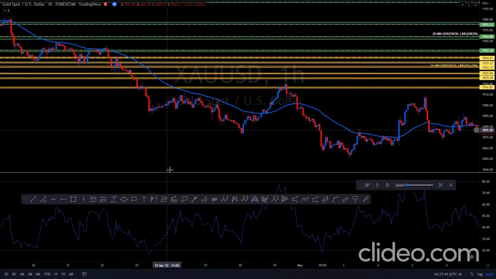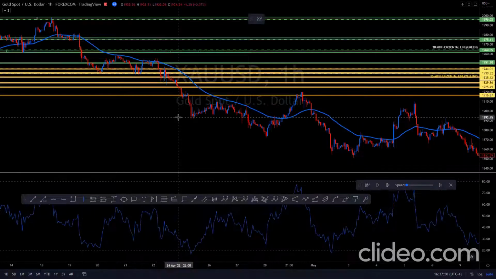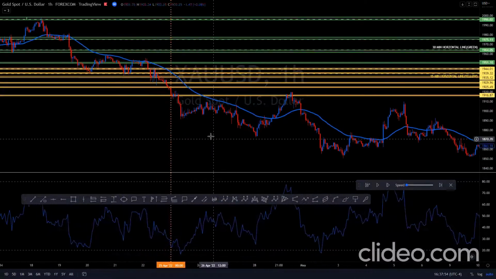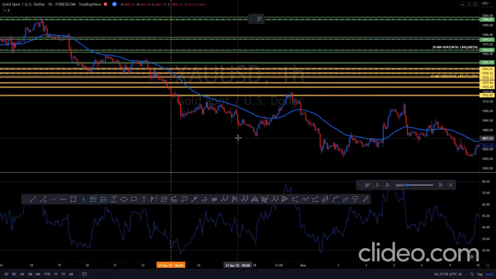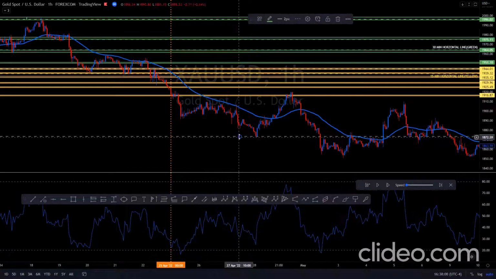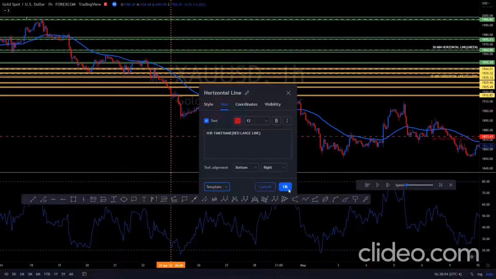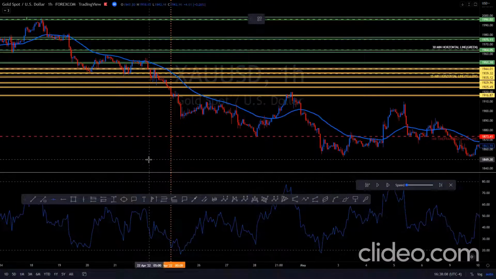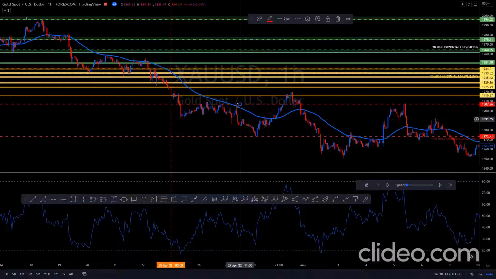So now when we look at price here, we can see that price eventually came down to this single candle demand zone here. Let's make this red. And then we see that there was also a supply zone up here as well.